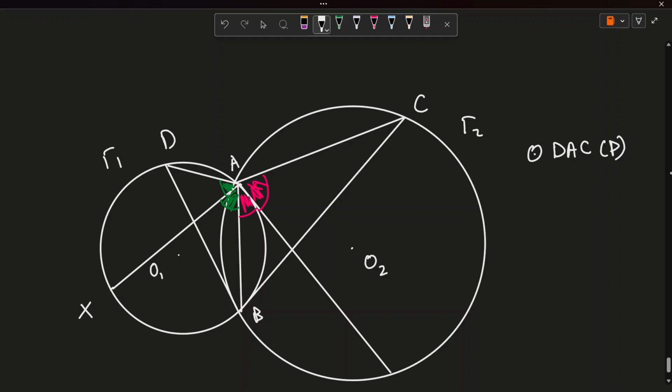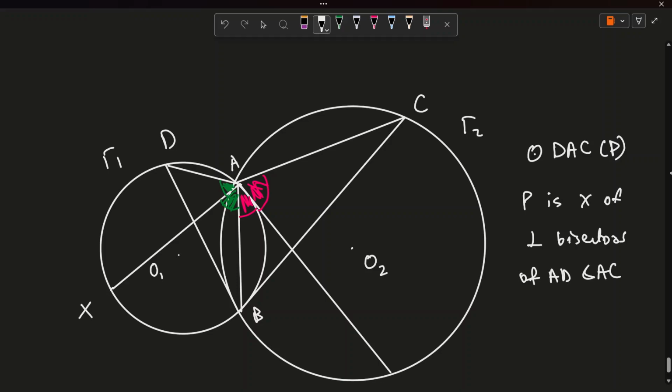So notice that circumcenter is the intersection point of the perpendicular bisectors of the sides of the triangle. Thus the point P is the intersection of perpendicular bisectors of AD and AC.